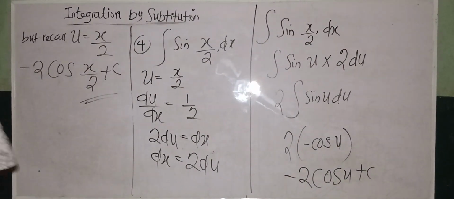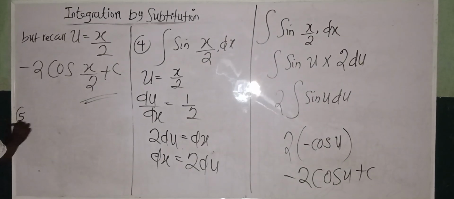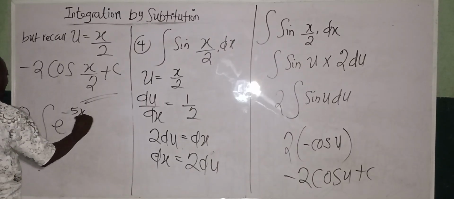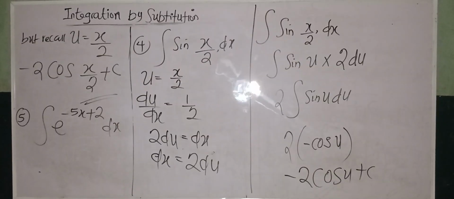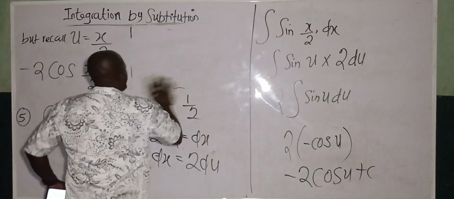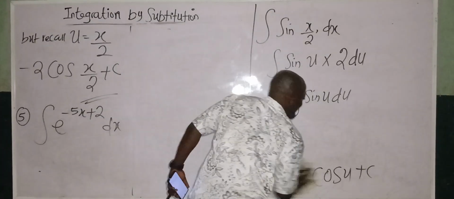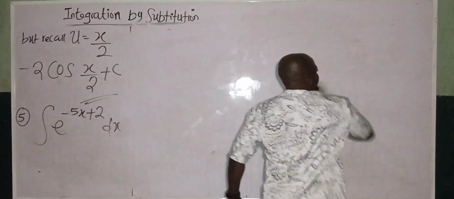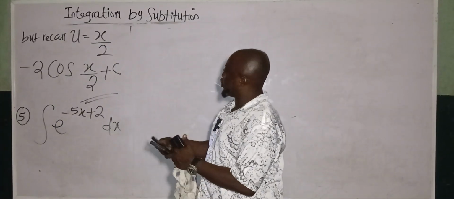Next thing on the question here is number 5. We say the integral of e to the power of minus 5x plus 2 dx. Now, what is the first thing we know to do?